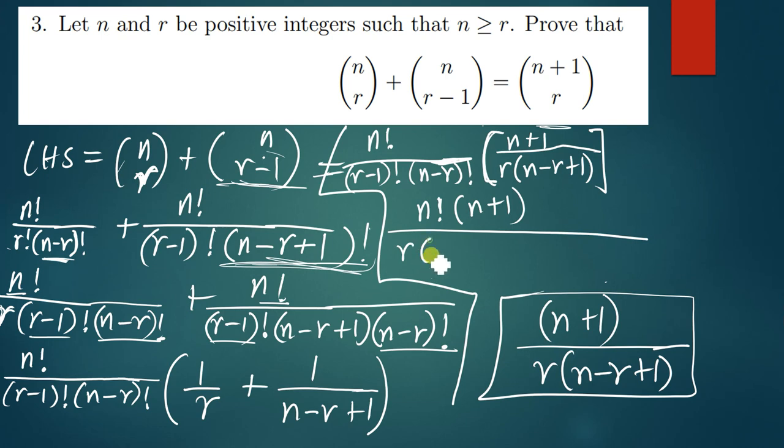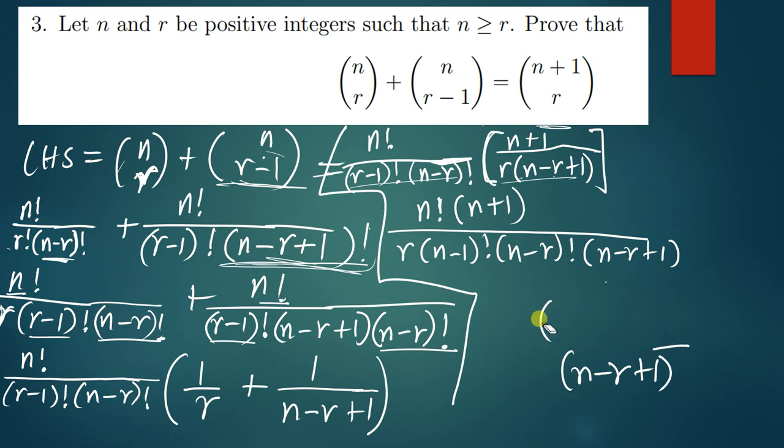Then from there we have n minus 1, when I multiply this and that, factorial, and we have n minus r factorial. Then there is n minus r plus 1, n minus r plus 1. So this is what we have.